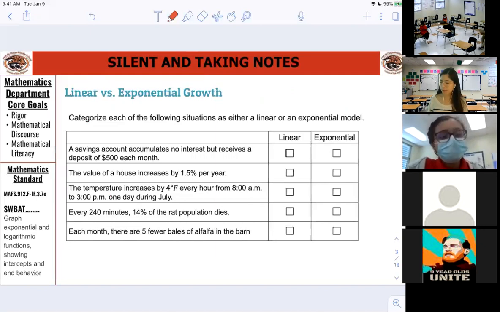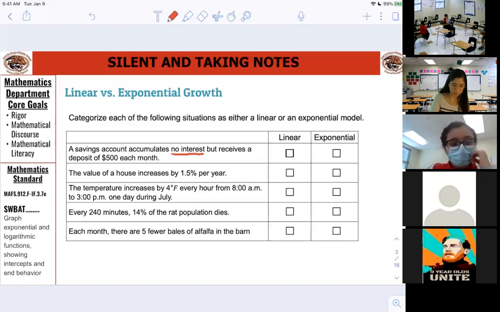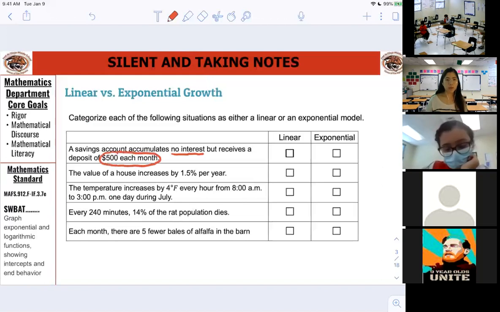Okay, so what keywords do we see here? No interest, that's important. 500 deposit each month. So is this adding 500 each month, or is it multiplying by 500 each month? Adding. Okay, so is this going to be linear or exponential?